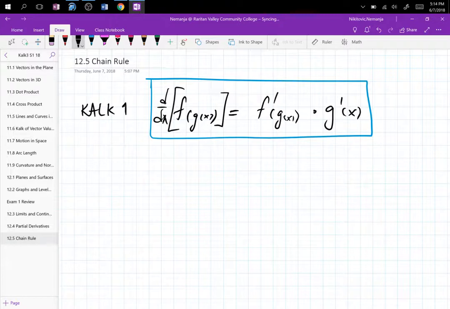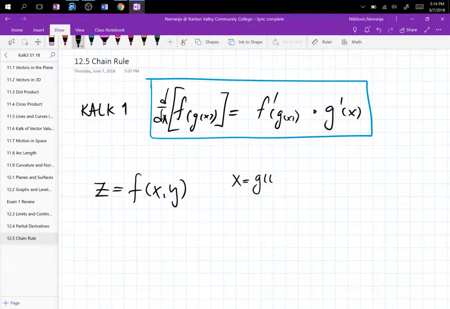So let's first understand that we can say z is equal to the function of x and y. And then I can parametricize x as some function of t and y as a different function of t. So this is in the realm of our Calc 3 now.